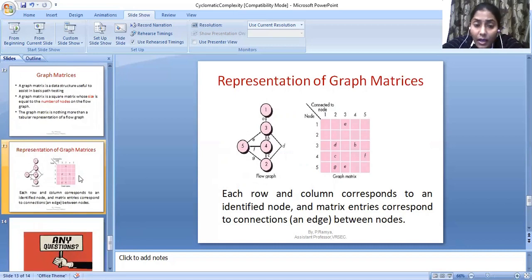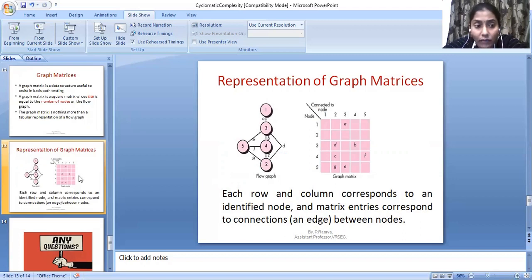So this is the way how you are going to do basis path testing. There are 4 steps. First step is to convert the flow chart, the designing part, into a flow graph. Then from the flow graph, you have to calculate the complexity of the code. From the complexity, you will get the quantitative numerical measure of how complex it is.